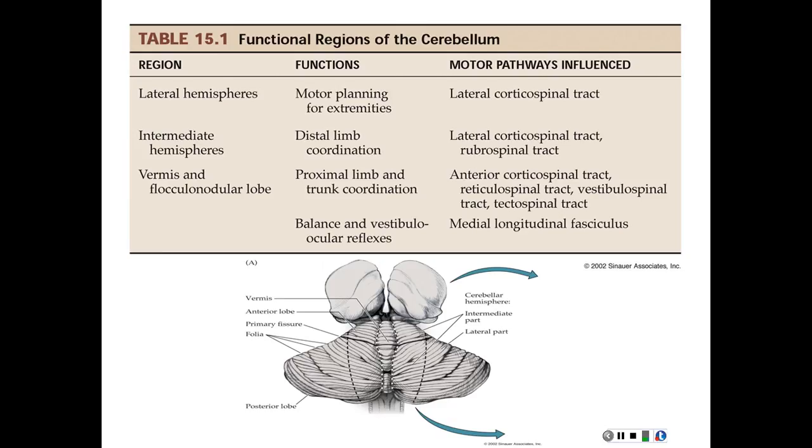There's a lot of tissue in the cerebellum that can be lost without any really serious deficits. And so that's why you get this more unclear definition of motor planning, right? Whereas clearly the intermediate is regulating distal limb coordination and the vermis regulating truncal and proximal limb coordination. Great.